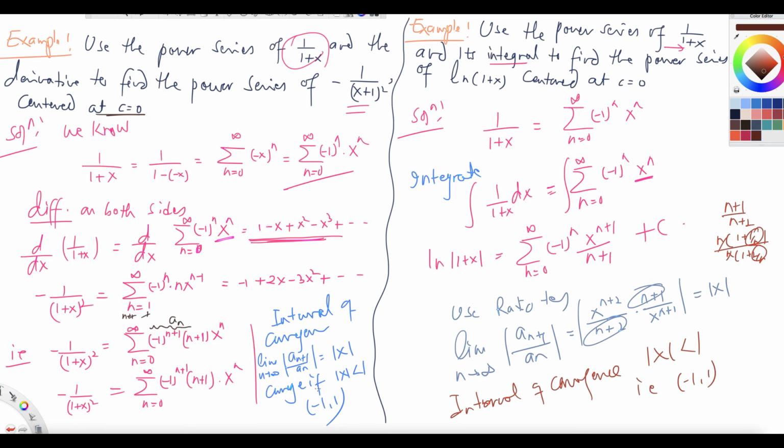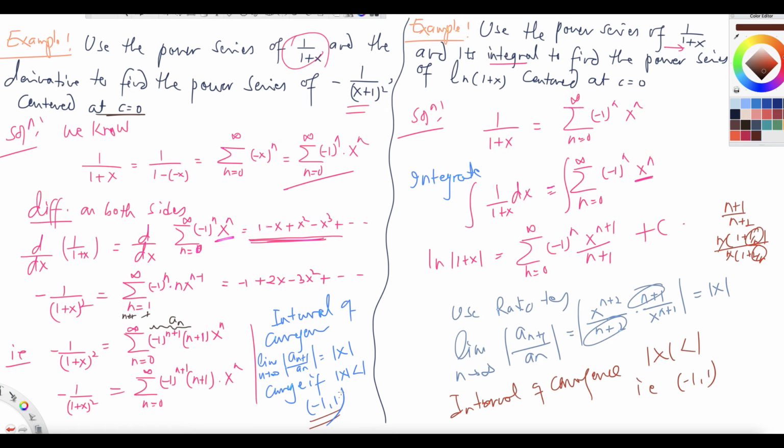When x is -1, that will be 1 plus -1, that will be infinity, so it will not converge, right? When x is +1, that will become 1 to the n, and then that will be 1 minus 2 plus 3 minus 4, like that.